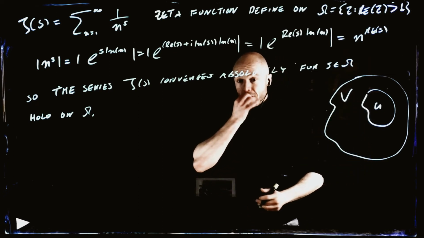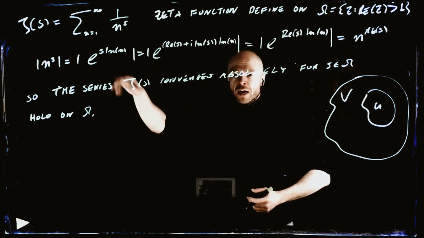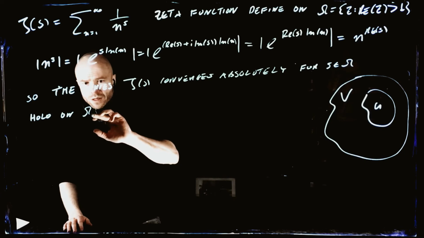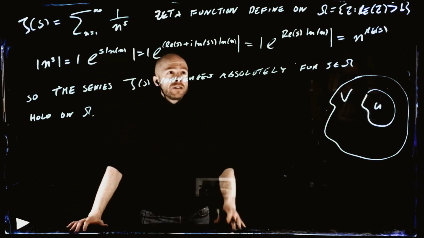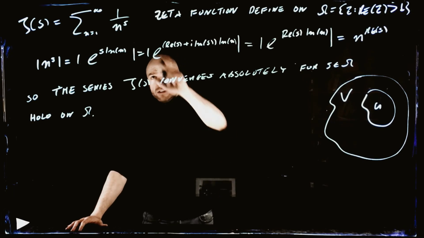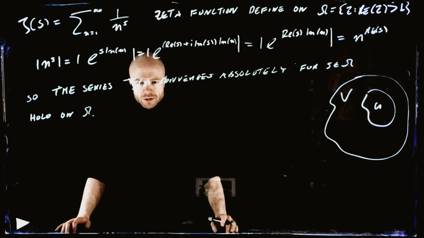So it turns out we can uniquely analytically continue this function to everywhere, except it has a pole at 1 itself, which is not a surprise because if we put s equals 1 here, this is a divergent series, the harmonic series.